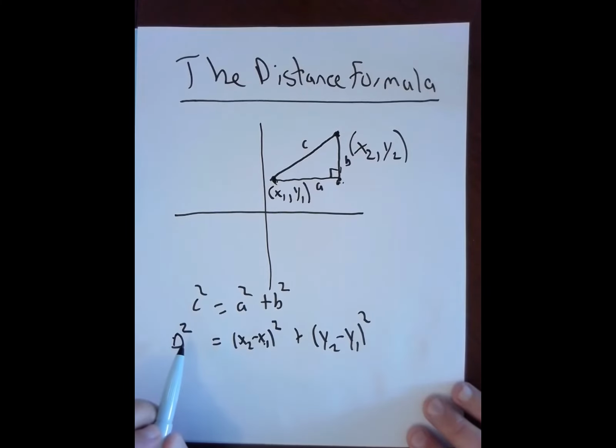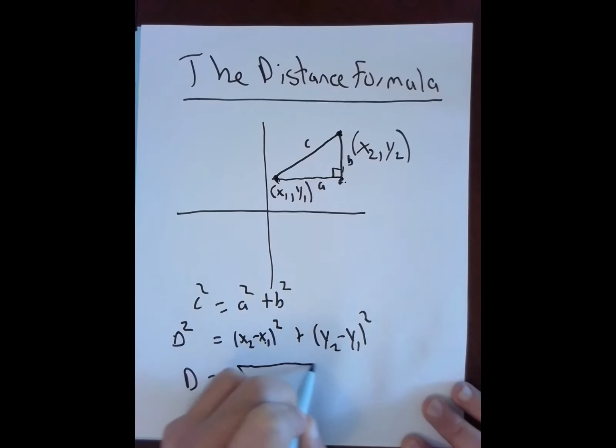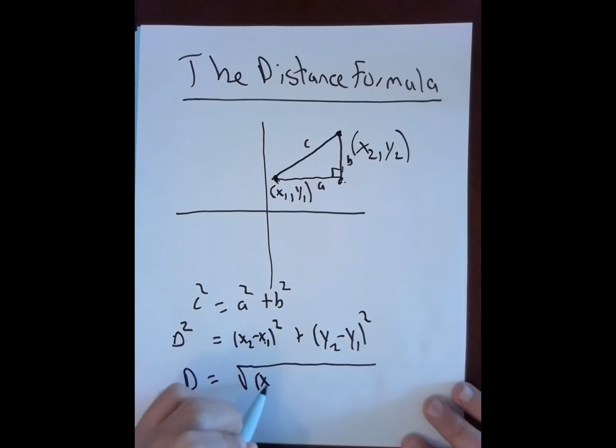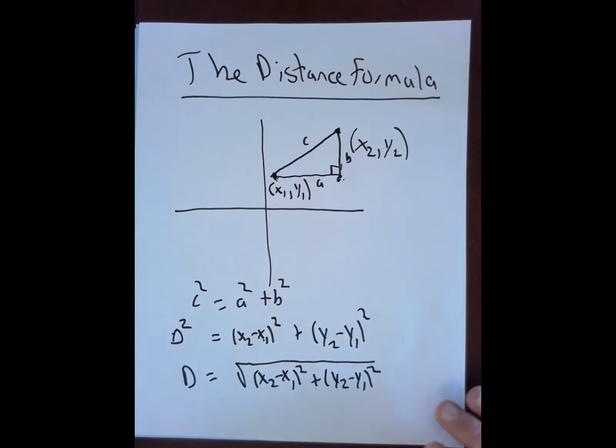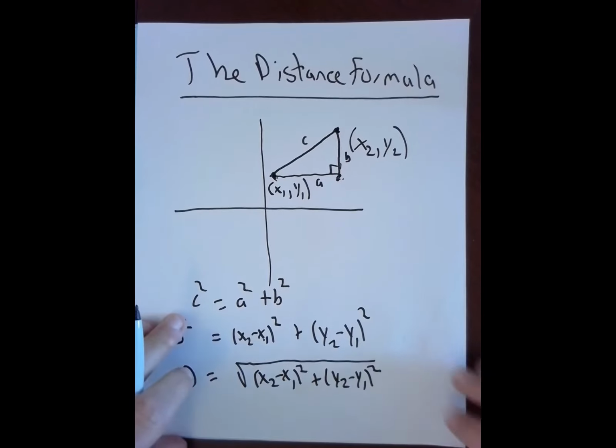But we don't want d squared, we want d. So the distance between 2 points, d, is the square root of x2 minus x1 squared plus y2 minus y1 squared. Just Pythagorean theorem, that's all it is.